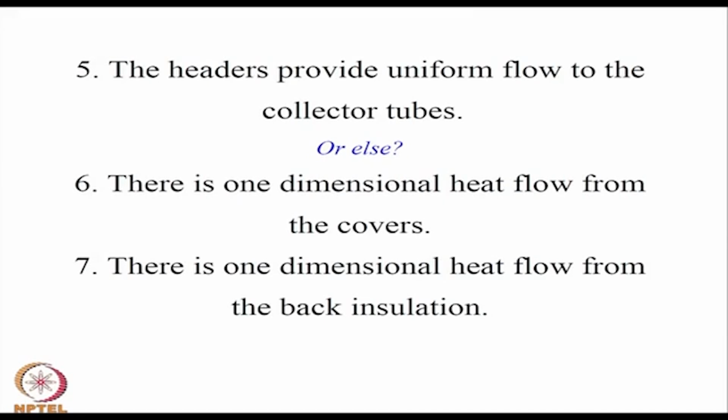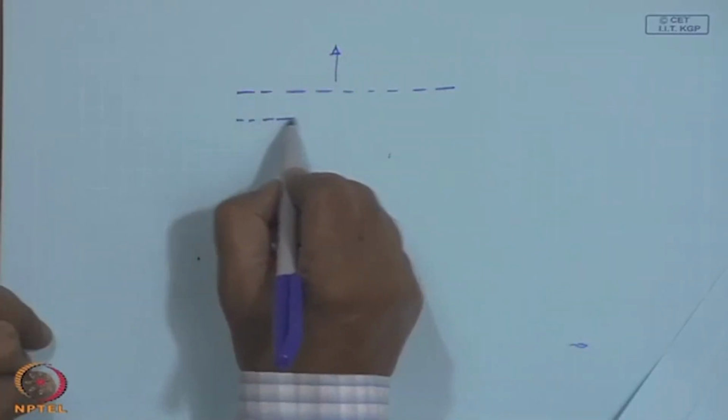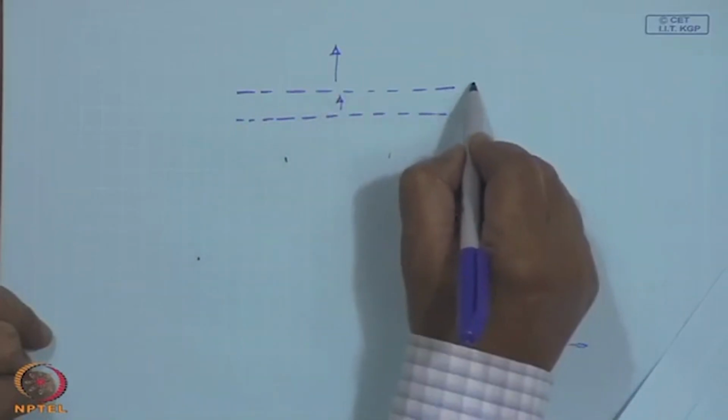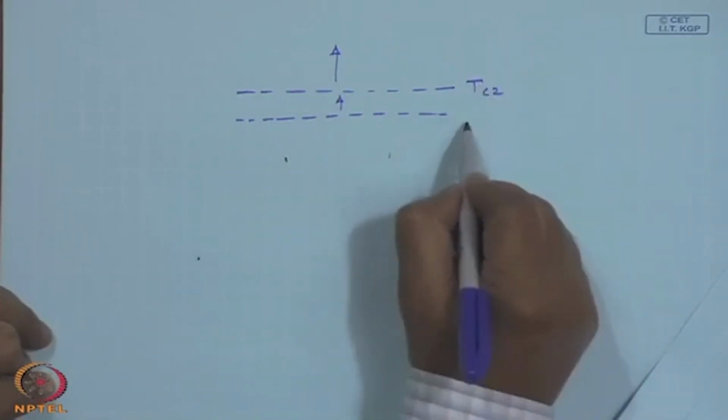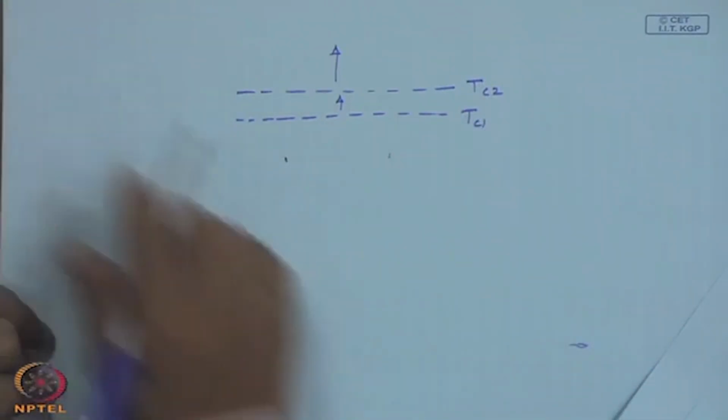There is one dimensional heat flow from covers. What essentially it means is that if this is a cover, this is from cover 1 to cover 2 and I can consider it to be at a single temperature, T_c2 and T_c1.